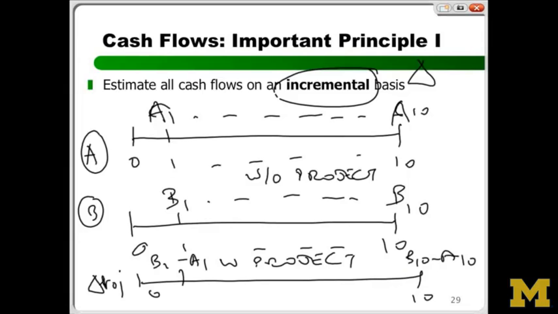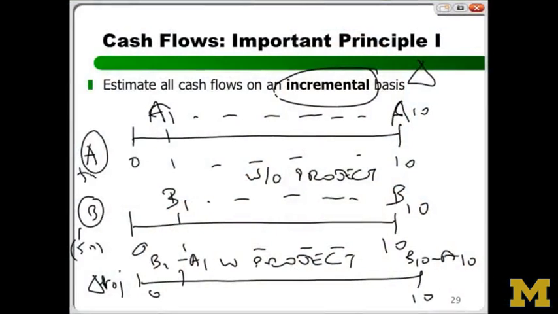If there's one thing I want you to remember about project creation, it's that projects are always incremental. It's always good to think about what the world would look like without the project and what the world would look like with the project, because it's the difference. Once you get used to it, you do B1 minus A1 and B10 minus A10 in your head automatically. But this is very important, and the reason is, if you do it this way, you never double count.